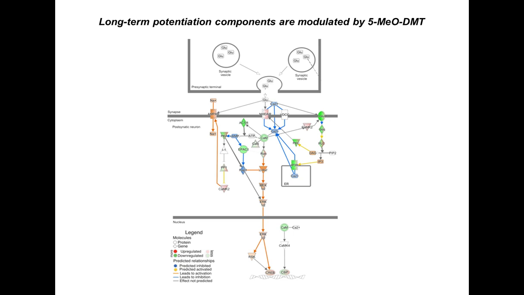We also observed that the long-term potentiation components are modulated by 5-MeO-DMT, which would suggest that some mechanisms associated with plasticity could be altered by DMT, highlighting the importance of studying psychedelics, maybe with the potential to become new drugs to treat, for example, depression.